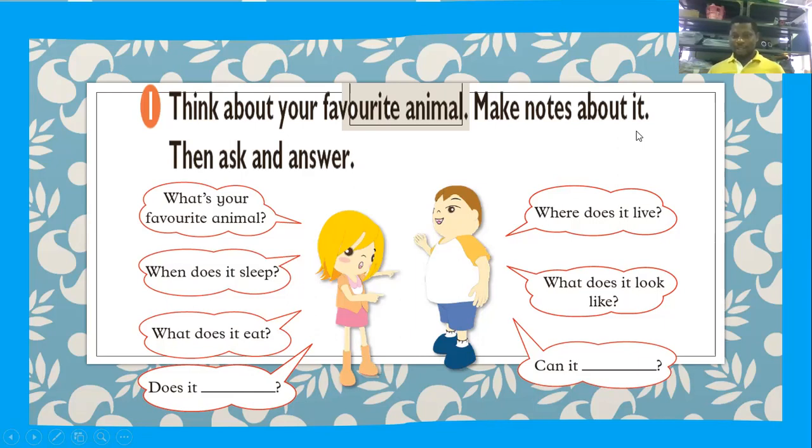No, it doesn't. Where does it live? It lives in the forest. What does it look like? Can it swim or can it fly? Yes, it can. So that is how this slide is going to look like. Okay. All right.